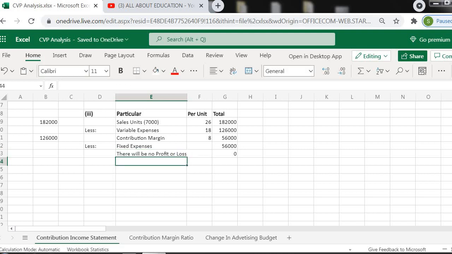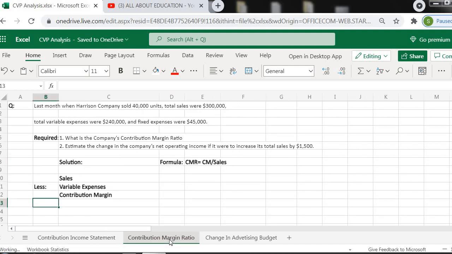The company will earn 0 profit, right, and will not bear any loss, right? If the company is selling 7,000 units, they will earn 0 profit and they will not bear any loss, right? So the company has to take decision accordingly.